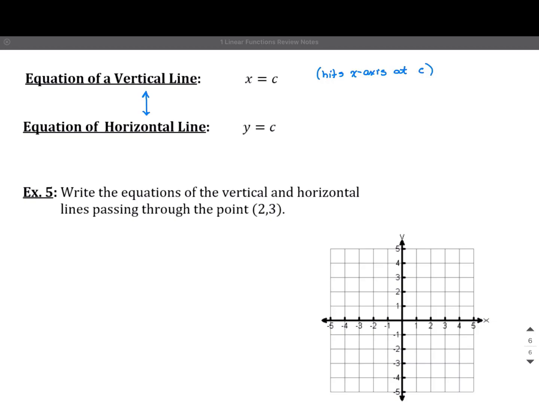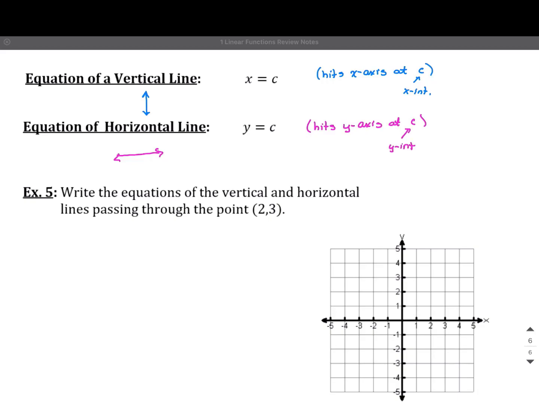So it's really x equals the x-intercept. Now a horizontal line, which goes this way, has the equation y equals a number. And again, it hits the y-axis at that number, which in this case is the y-intercept.